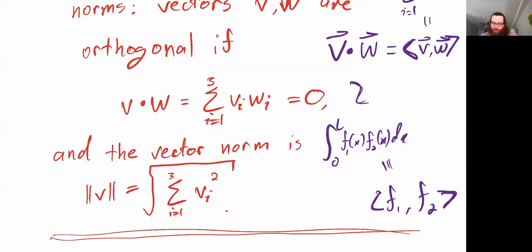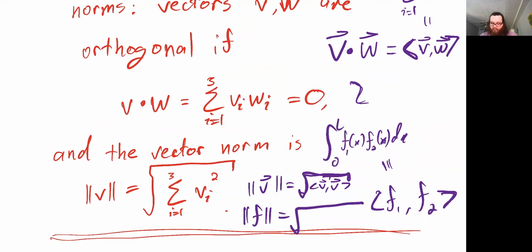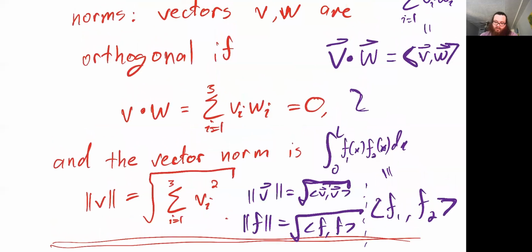The norm of a vector we can write as the square root of the inner product of v with itself. Likewise, the norm of a function we can write as the square root of the inner product of that function with itself.